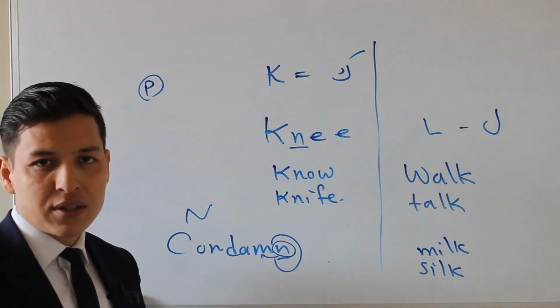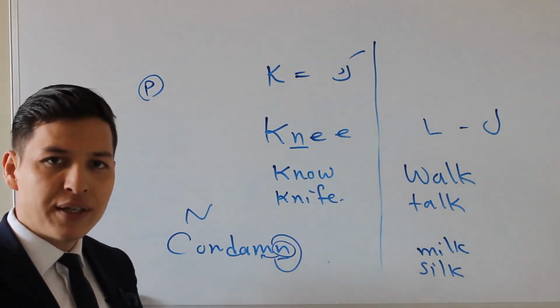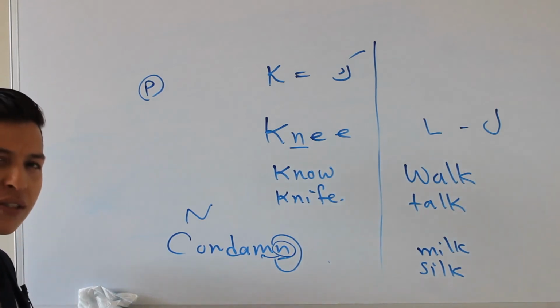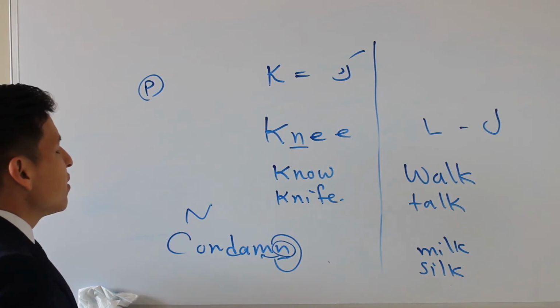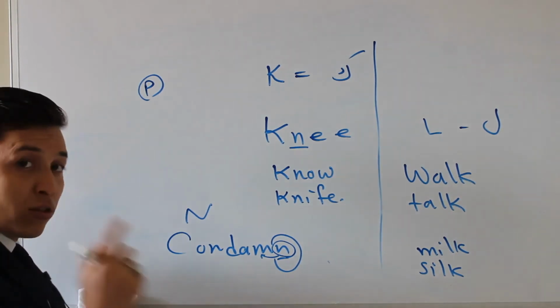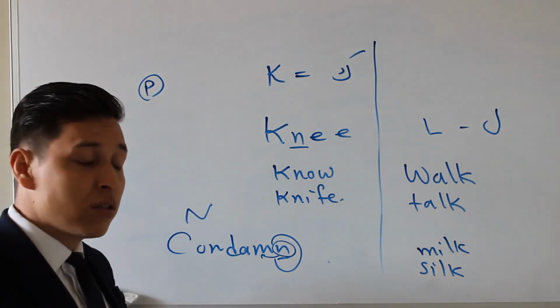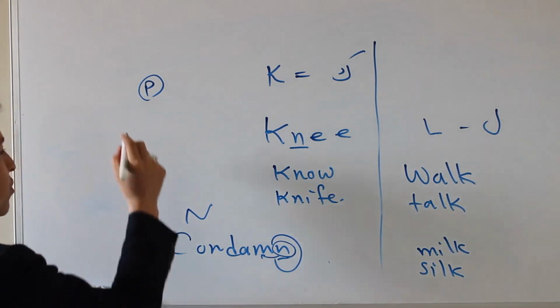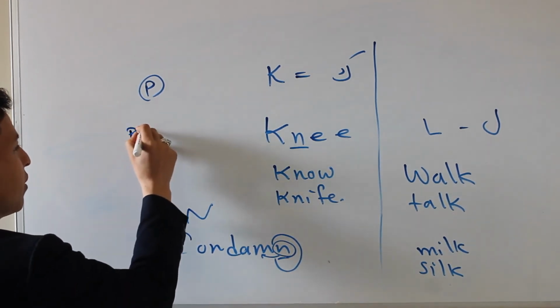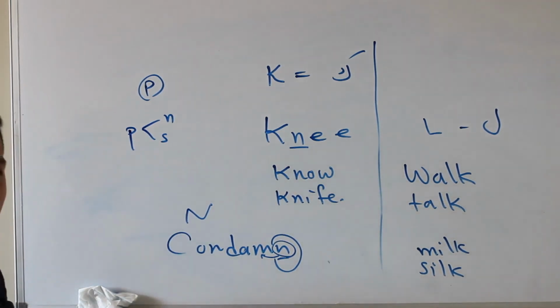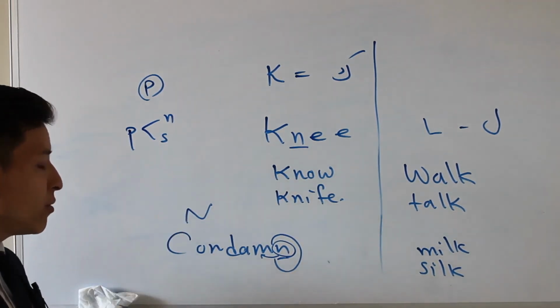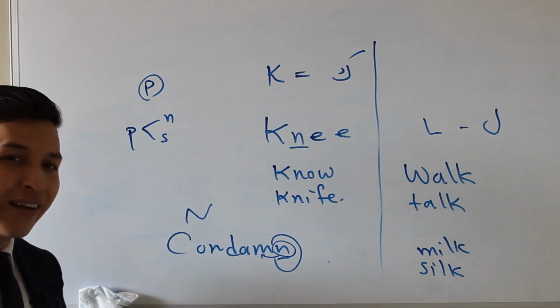It represents the sound P in English as well as in Dari, as I told you. P is also sometimes not pronounced. When we use it before S and N, at that time it is silent.